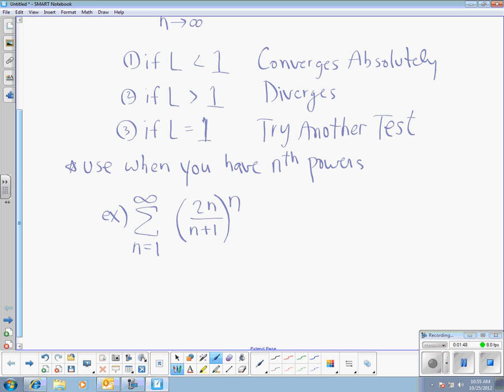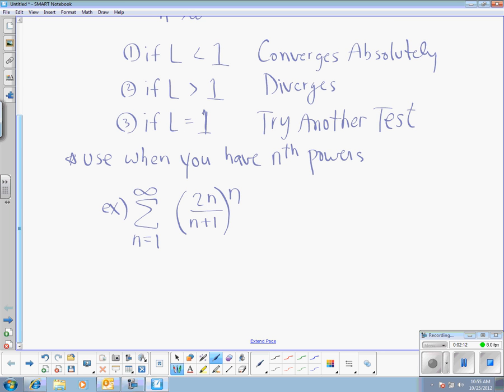But if you think about these terms, within the parentheses they're approaching 2. So our millionth term would basically be 2 million to the 1 millionth power. And 2 million to the 1 millionth power is hardly approaching 0. So I'm expecting divergence here, hardcore divergence. But just for practice, we're going to use the root test.